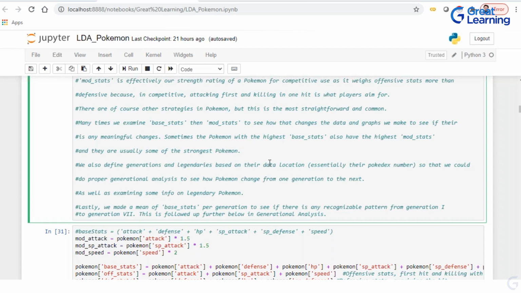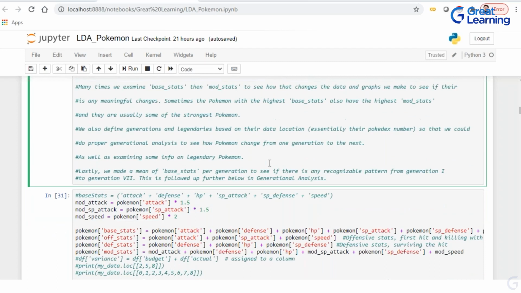So what we did, we created these stats, we created these basic features, and saw how the data changes and how the graphs could actually give us more understanding of what's happening with the different generations of the Pokemon. What is happening with the different legendaries of the Pokemon. So the idea is, moving from the 1st generation to the 7th generation, how these base stats started to differ.